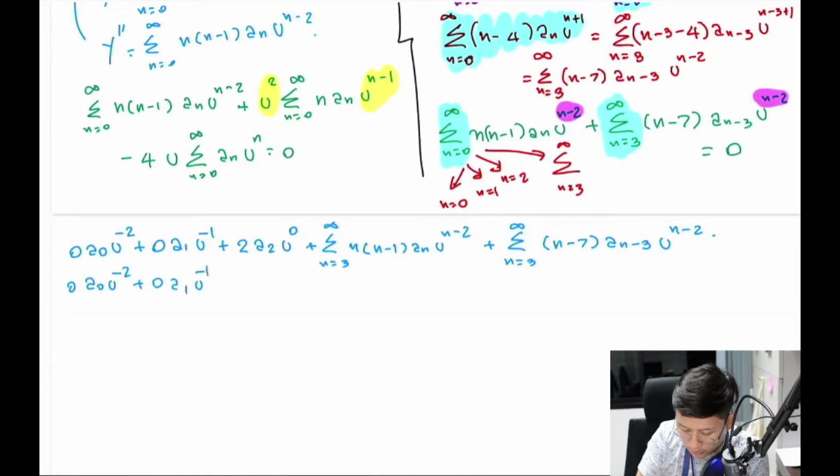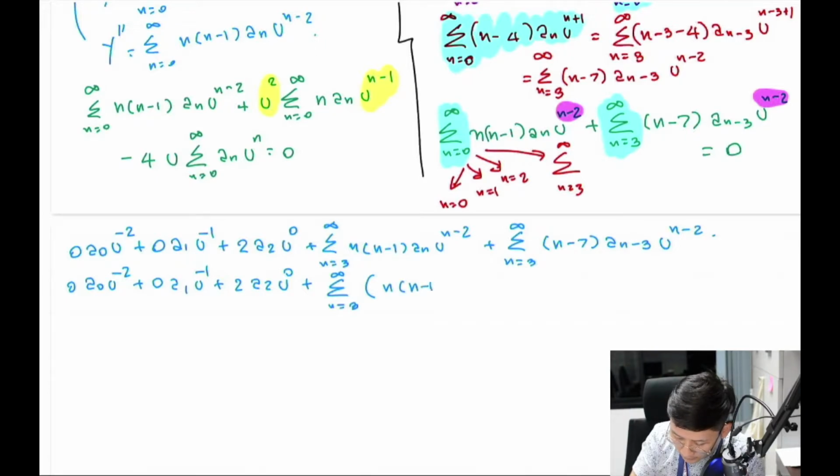After that I just rewrite all the thing. So here this is what I would have: 2a2 u^0 plus summation n from 3 to infinity of (n minus 1) a_n plus (n minus 7) a_(n-3), times u^(n-2), equals 0.